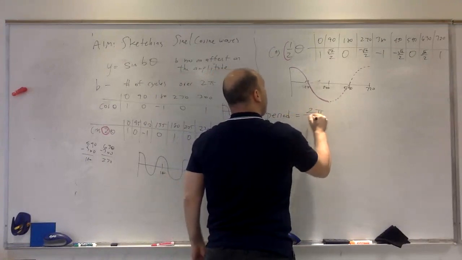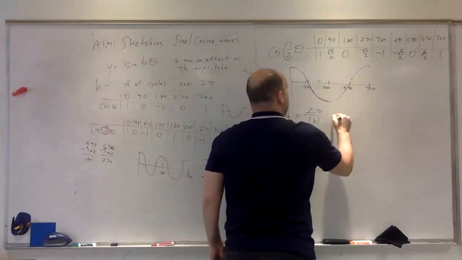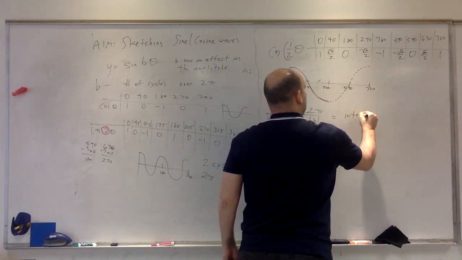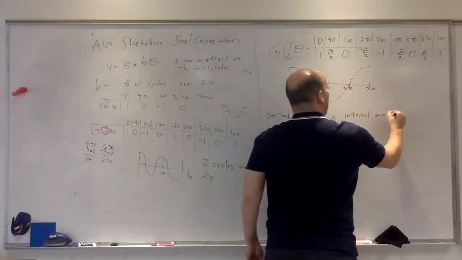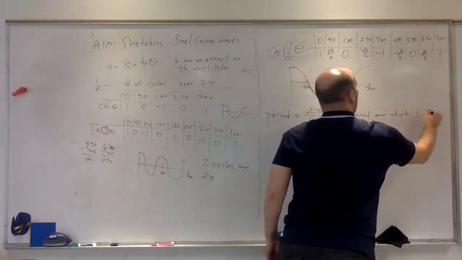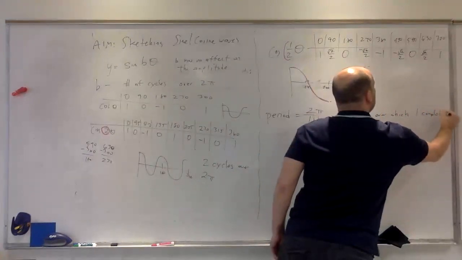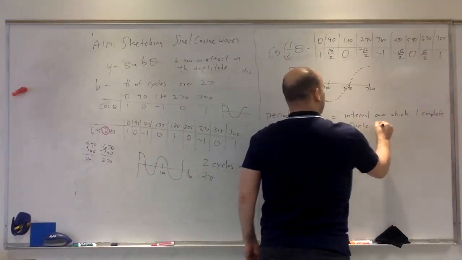The period is 2 pi over the absolute value of b, and this is the interval over which one complete cycle occurs.